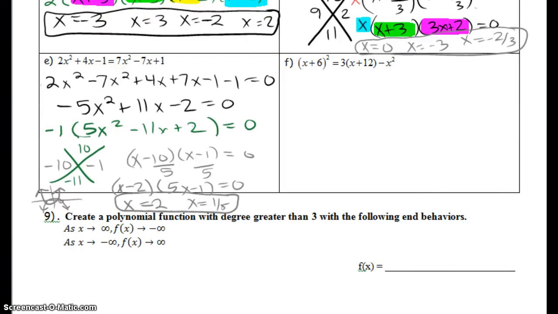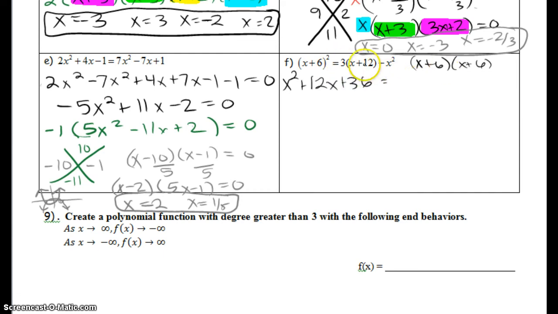So we're going to start by FOILing out x plus 6, which is really x plus 6 times x plus 6. So don't just square everything. This is x squared. Outside is 6x, inside is 6x. So that gives me 12x plus 36.